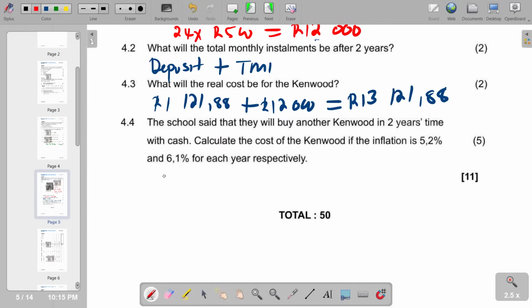So for the first year, we are saying 9,349 times the 5.2 for the first year. 5.2% is 5.2 over 100.